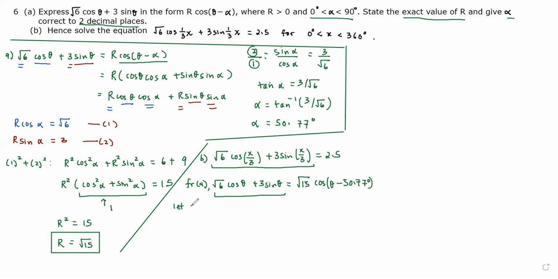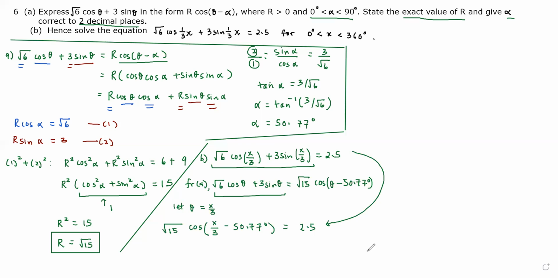So we can let theta be x over 3. And then we have the left part, so that square root of 15 cos of theta is now replaced with x over 3 minus 50.77 degrees. This is 2.5 now.